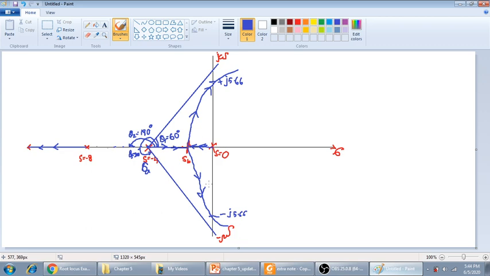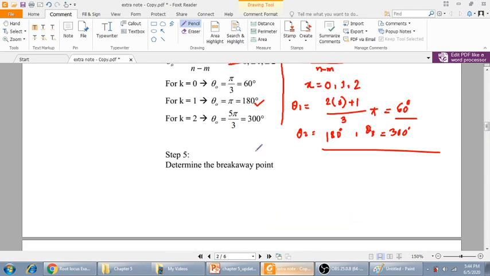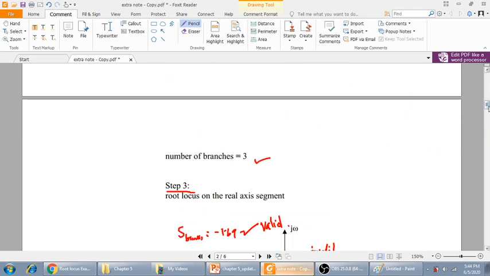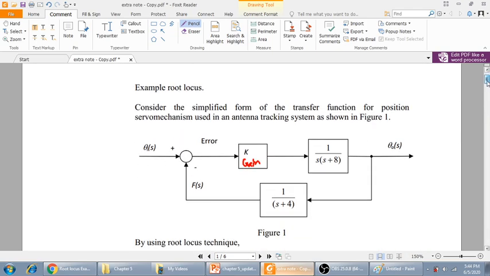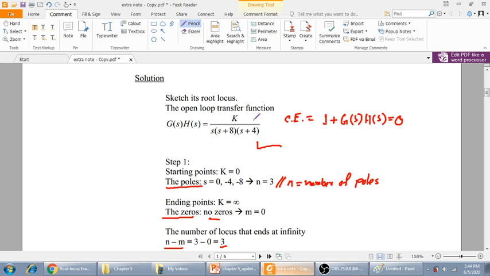I think that's all. So that's what we discussed. If you see the example again from the beginning, we consider a function, this is an antenna tracking system. First of all you find the open loop transfer function.